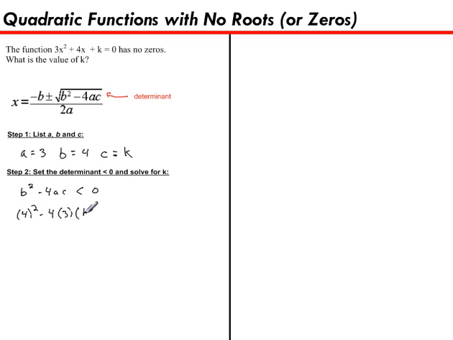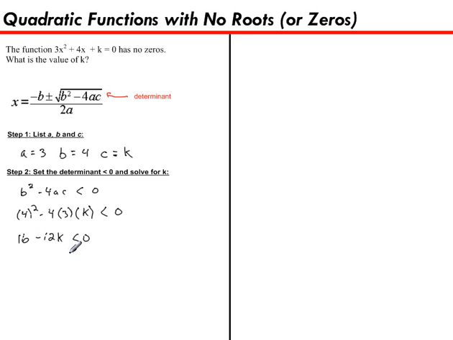It's k. And the whole thing, the determinant, is still less than 0. And now it's a matter of isolating for k. Let's start to put some stuff together. So 4 squared is 16, minus 4 times 3 is 12, k, less than 0.